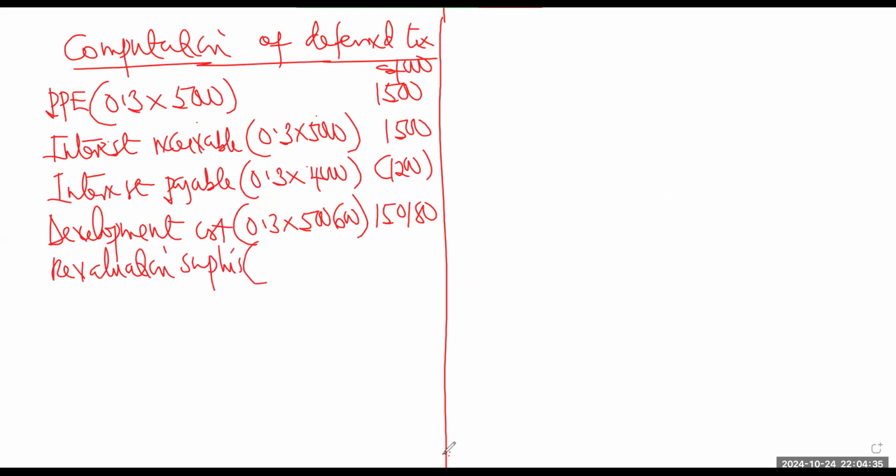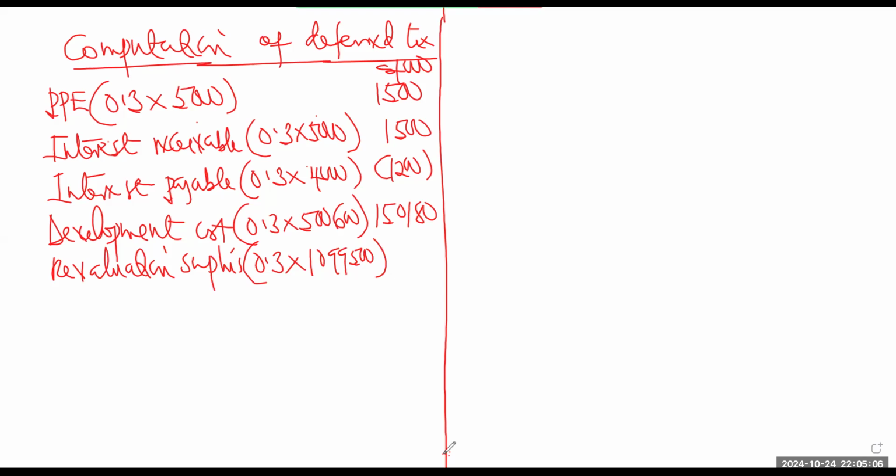We have 6 million minus 4,990,500. I'm having 1,009,500. Yeah, that will be creating a deferred tax liability.